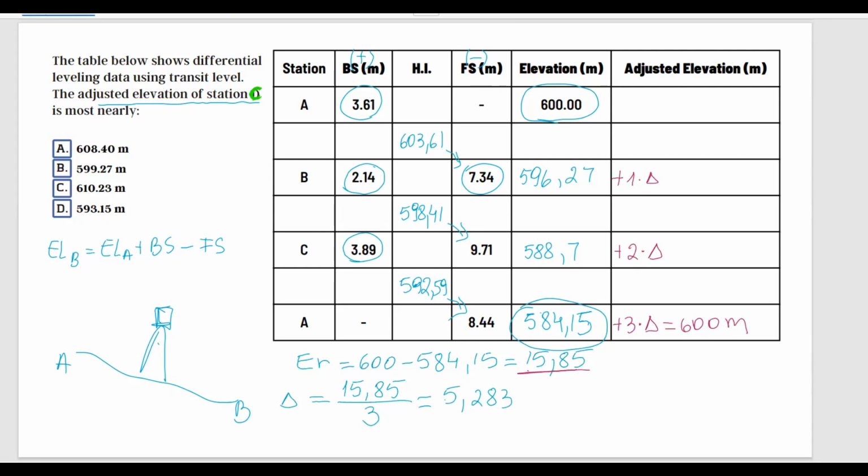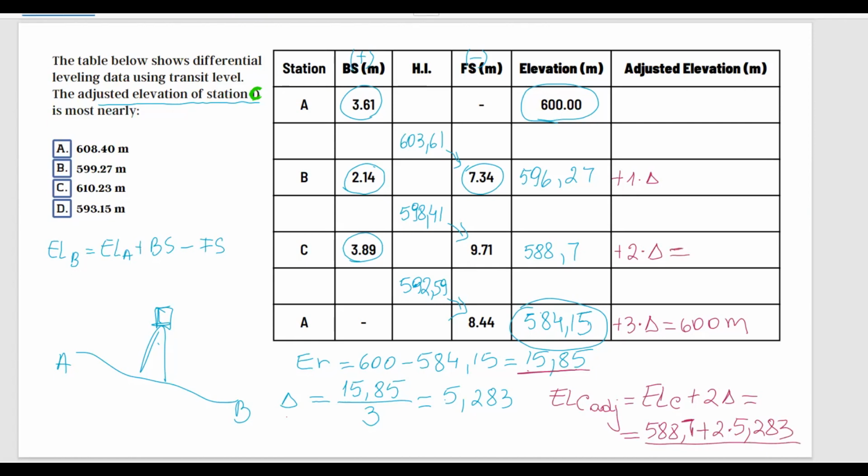Now at C, we're going to have the adjusted elevation at station C equals the elevation at station C that we have calculated plus 2 times delta. This equals 588.7 plus 2 times multiplied by 5.283.